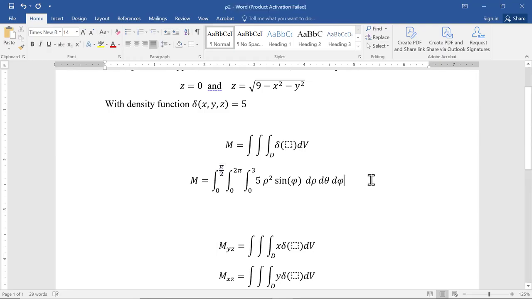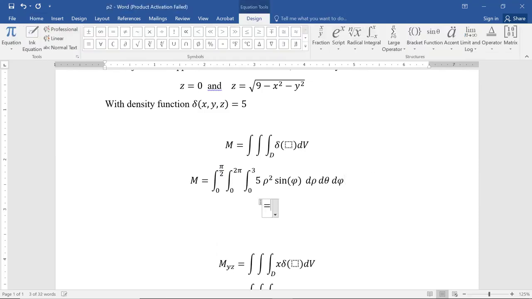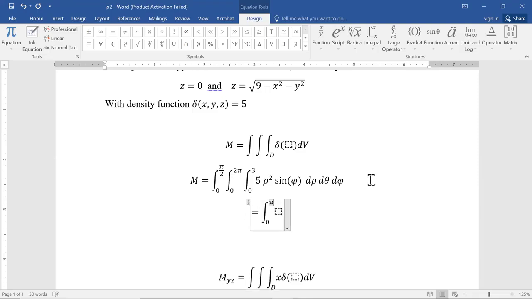Okay. So we can do this integration. This integration is fairly straightforward. The inside integration goes from 0 to 2 pi.